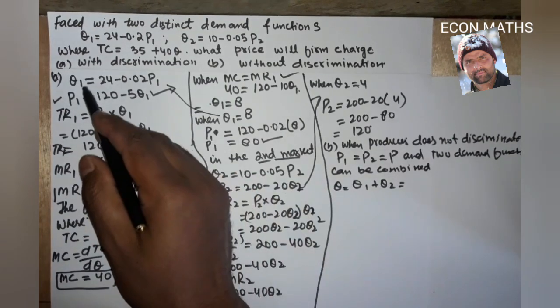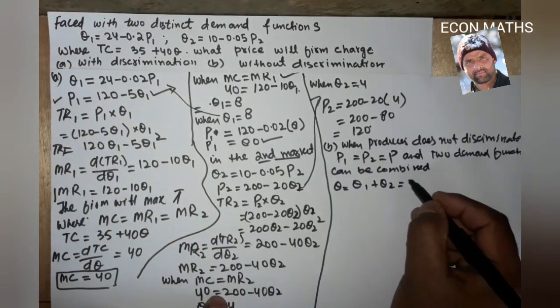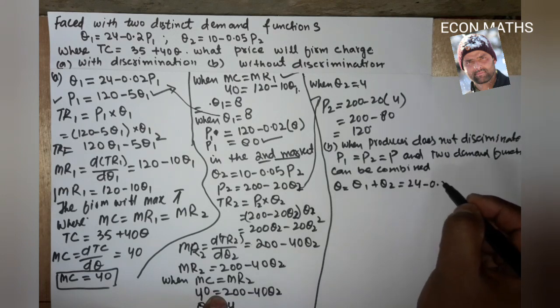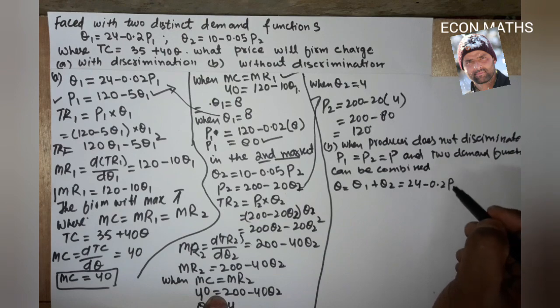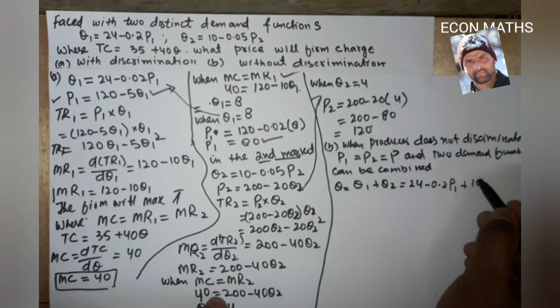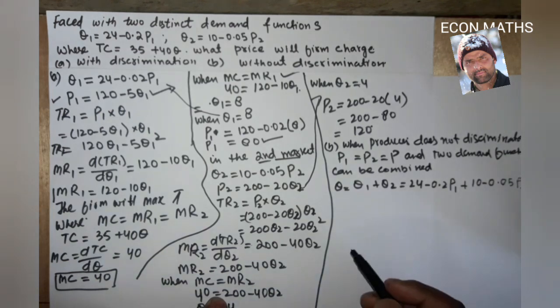Now our Q1 is 24 minus 0.2 P1, plus the Q2 is 10 minus 0.05 P2.